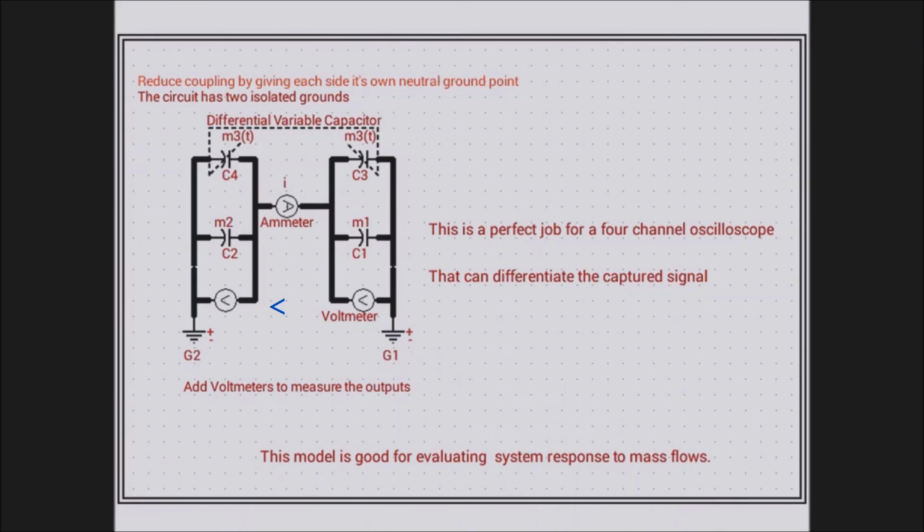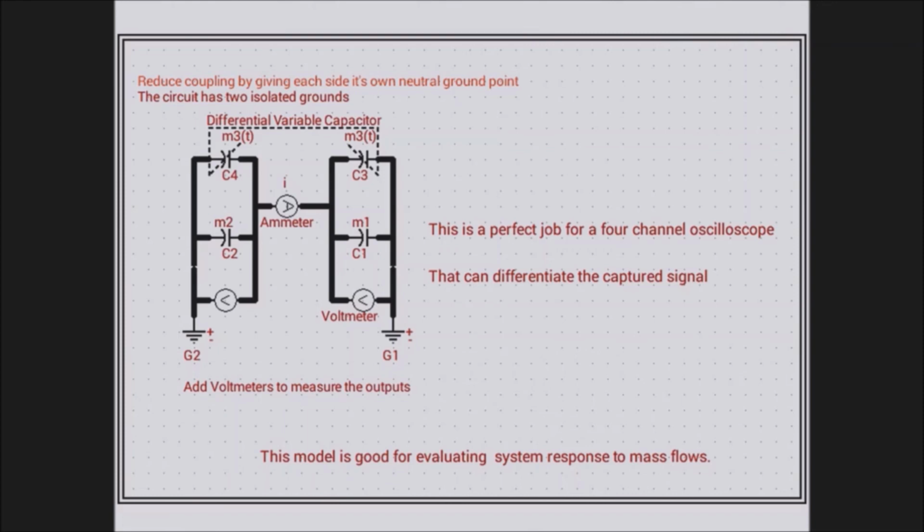And we also now identify the ammeter as measuring current going into and out of each block. Current will always be equal and opposite, just as our force is in the mechanical system. And the ammeter measures that current.